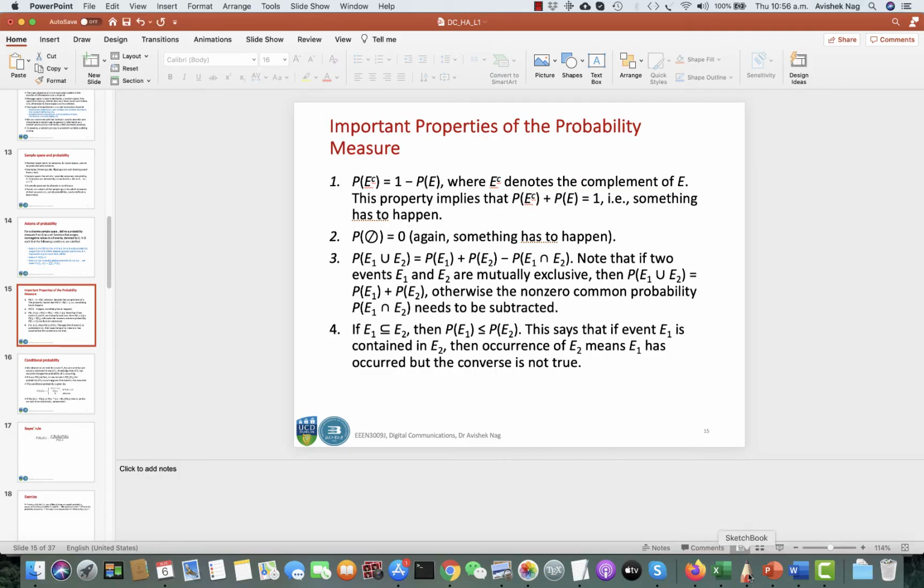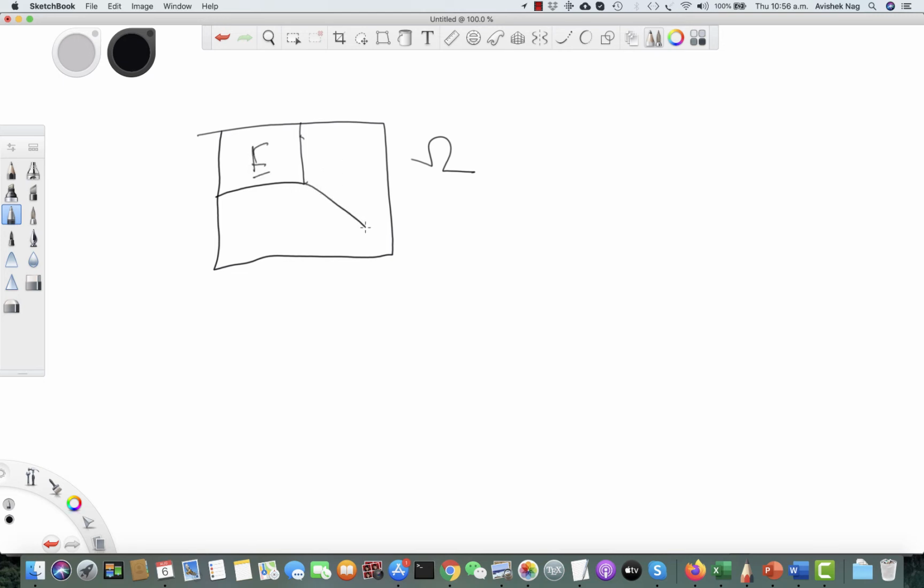So basically, let's say this is your sample space, and let's say you have mutually exclusive events E1, E2, and E3. You see that these 3 events are mutually exclusive, they don't have any overlap.